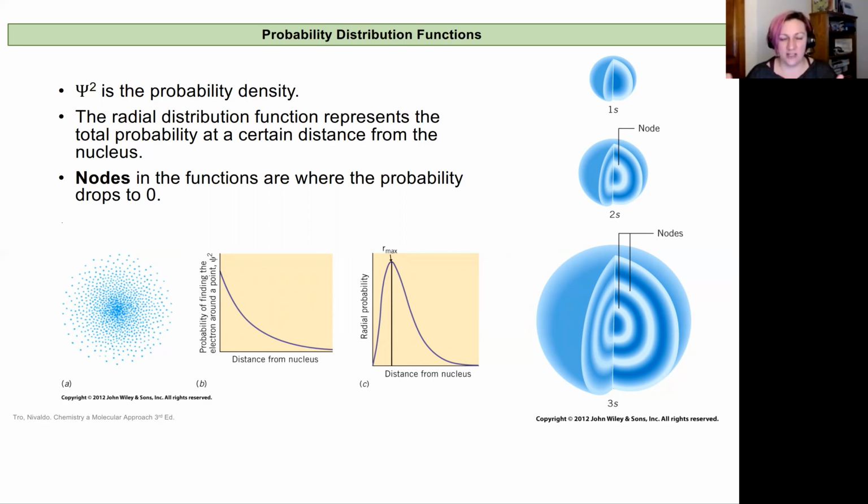And as L changes, that shape changes. And as m sub L changes, the orientation of that shape changes, right? We refer to that space where it's likely to find an electron as the probability density of an electron.